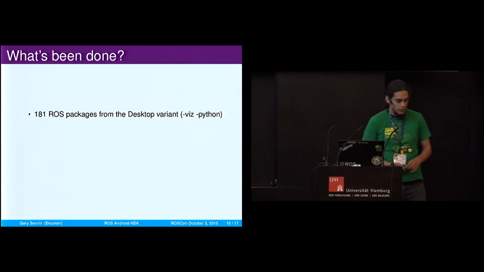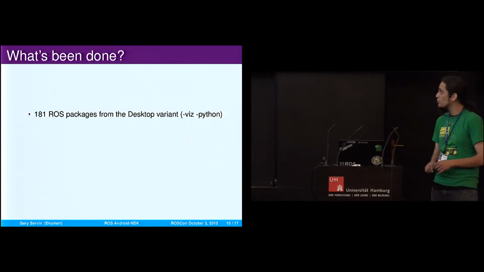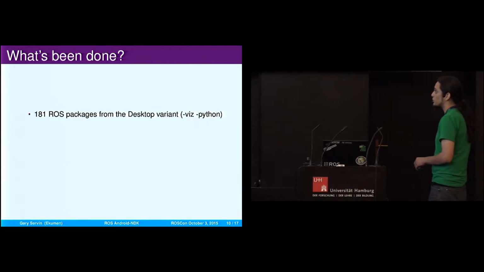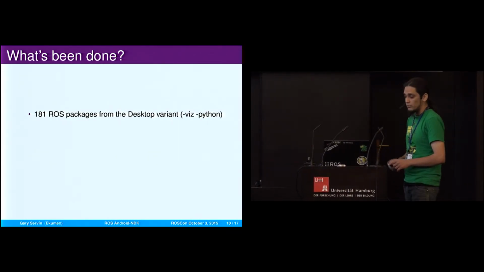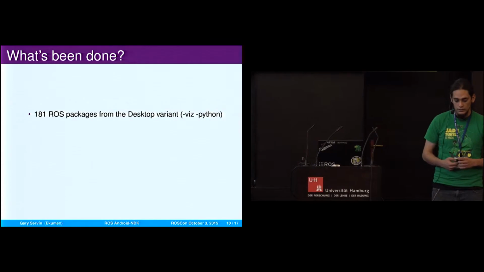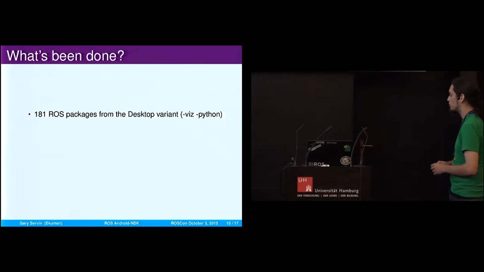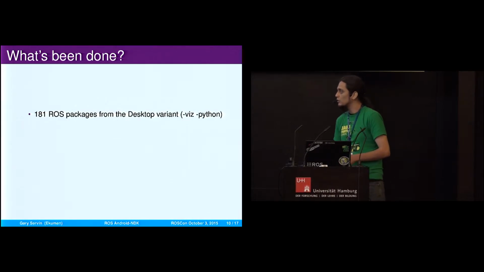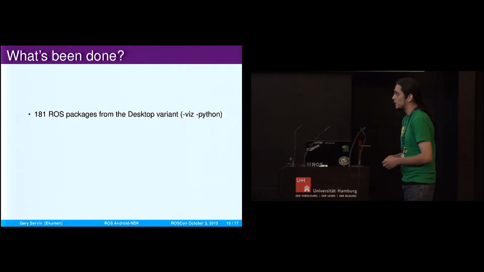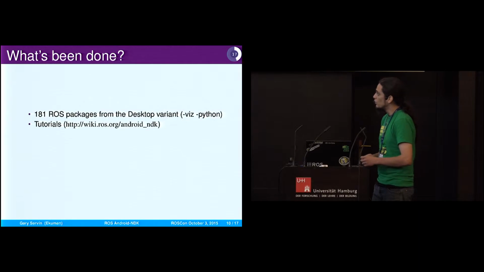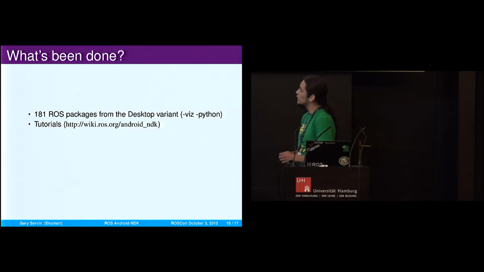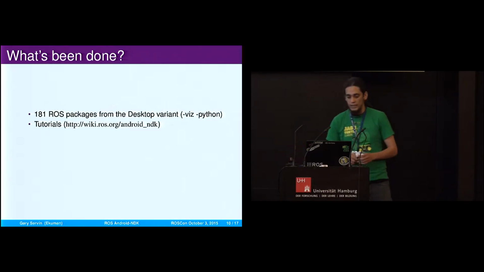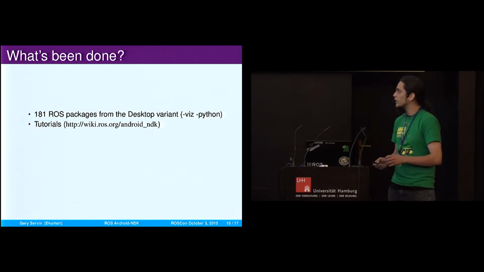So what has been done: we cross-compiled 181 ROS packages from the desktop variant. We didn't cross-compile visualization stuff, Python dependencies, or packages that have Python dependencies. We created a set of tutorials so people can get started with the ROS Android NDK.